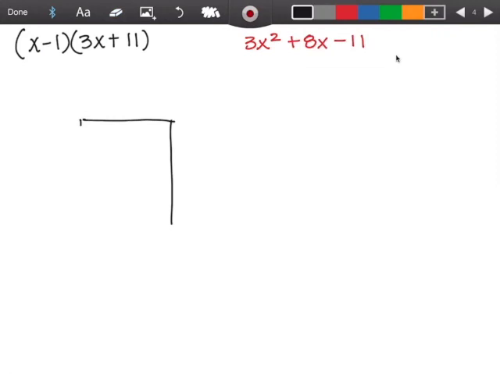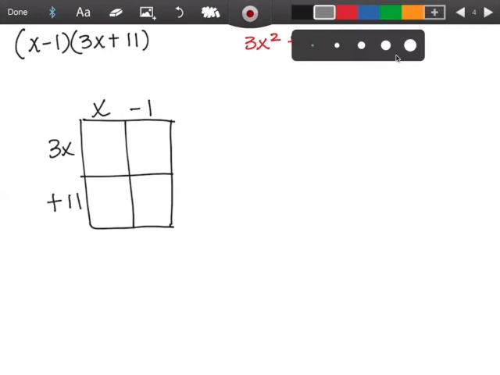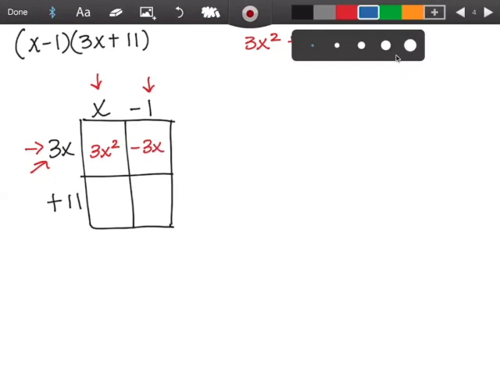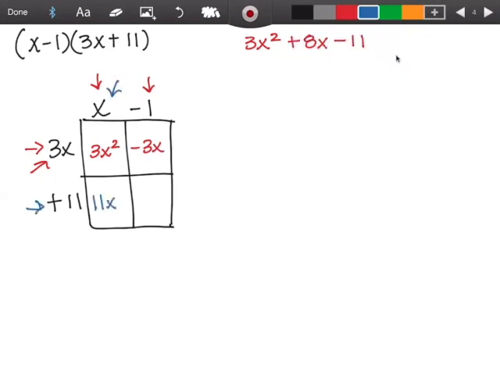You can do it that way. All right, so x minus 1 and then 3x plus 11. So 3x times x is 3x squared. 3x times negative 1 is negative 3x. 11 times x is 11x. And 11 times negative 1 is negative 11.